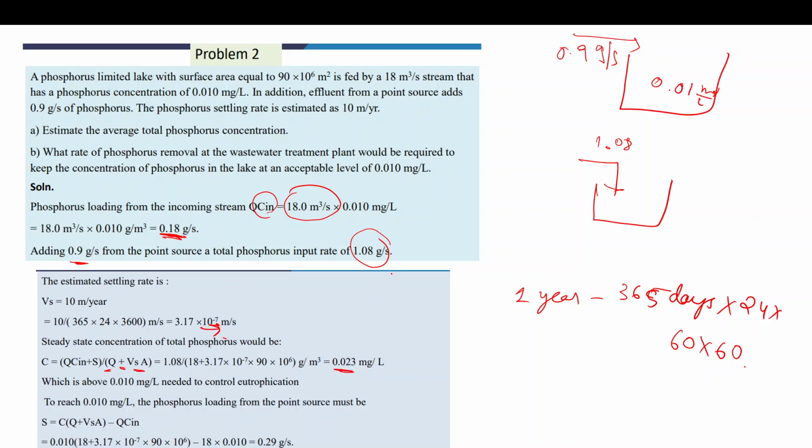So that is obviously higher than what is acceptable, which is 0.01. Now, to limit the concentration to 0.01, the acceptable limit, by using this equation only, you can find out what should be this S, the addition rate, by substituting C here as 0.01. So if the addition rate is lower than 0.29 gram per second, then obviously the phosphorus level is within the acceptable level.